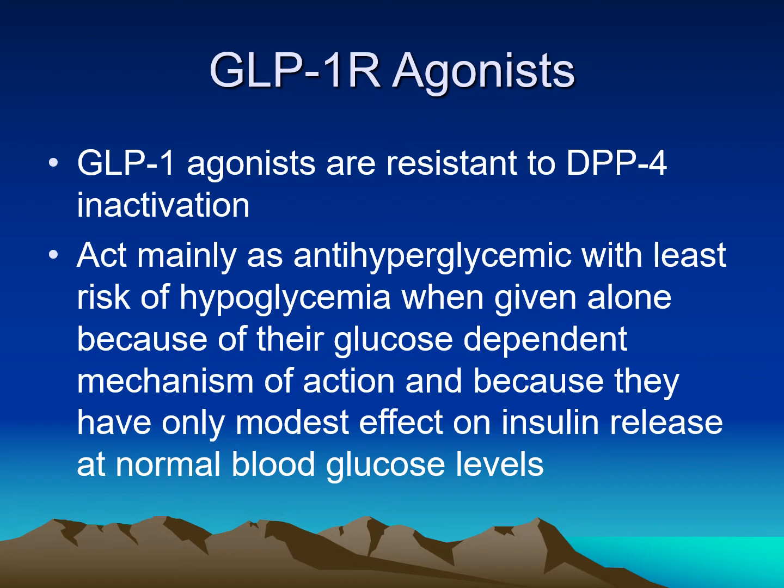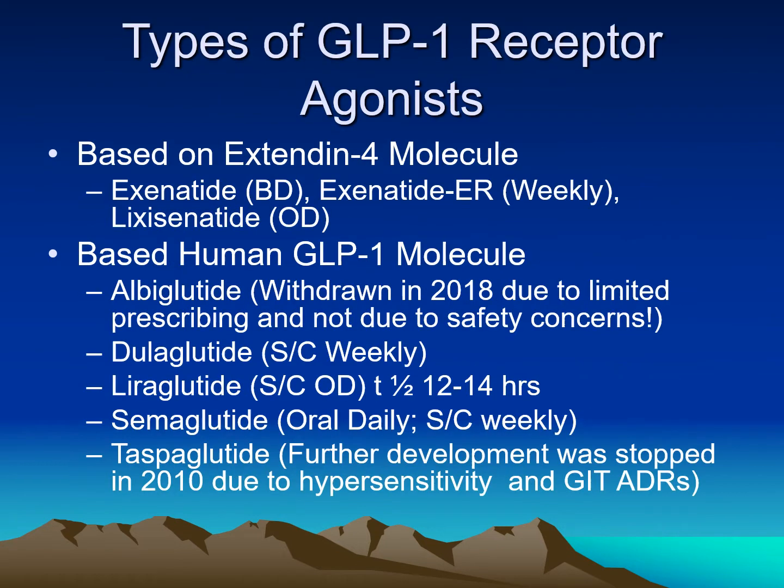One peculiar thing is that they are less likely to cause hypoglycemia because their impact on insulin secretion or glucagon secretion is glucose dependent. Higher the glucose, higher the insulin release. Lower the glucose, more the glucagon release. In this way, glucose homeostasis is tightly regulated.